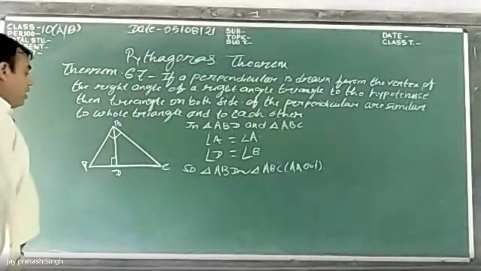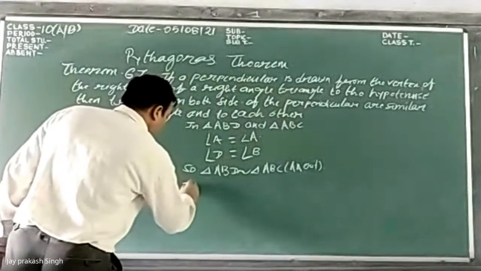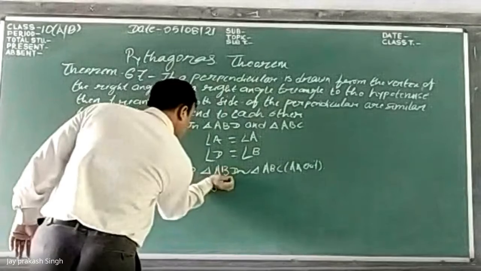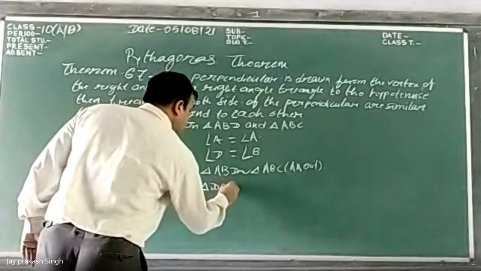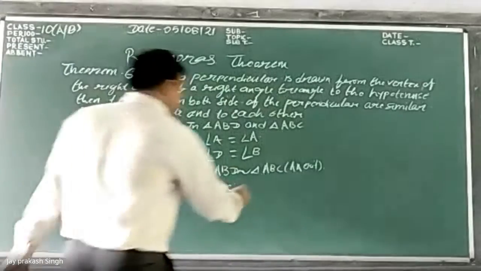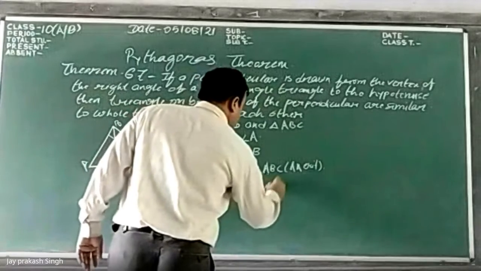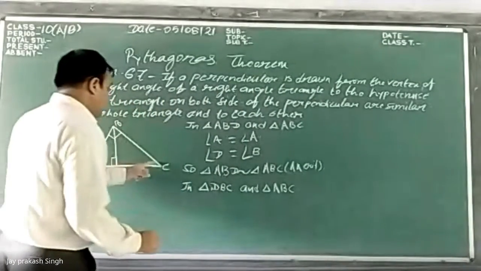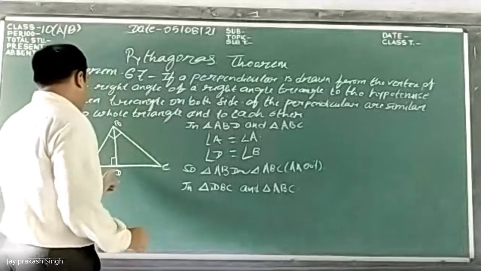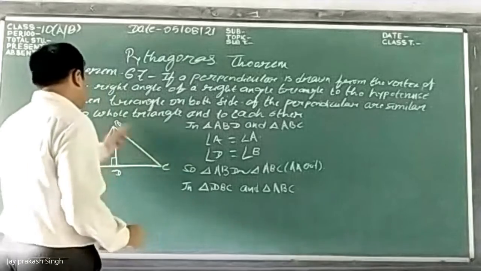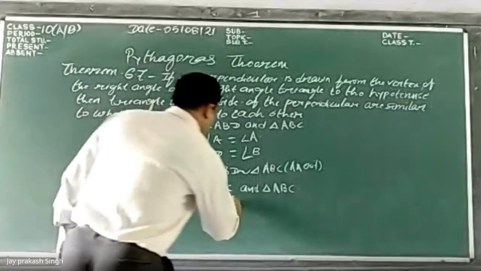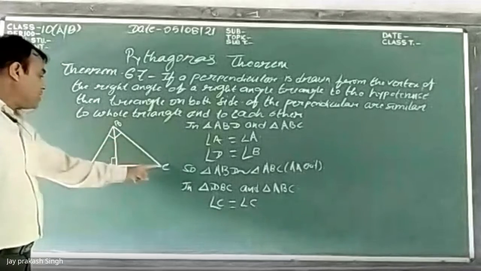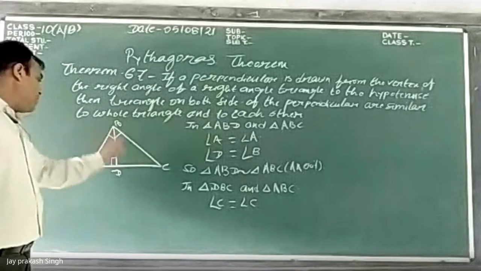Now, in triangle DBC and triangle ABC, angle C is equal to angle C, as this is a corner for triangle DBC and also a corner for triangle ABC.